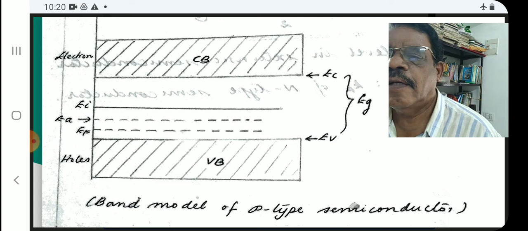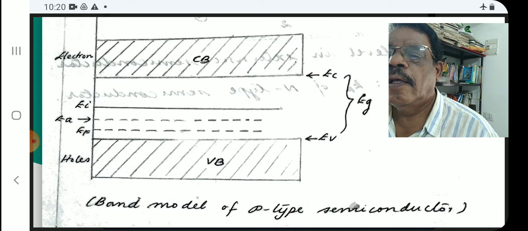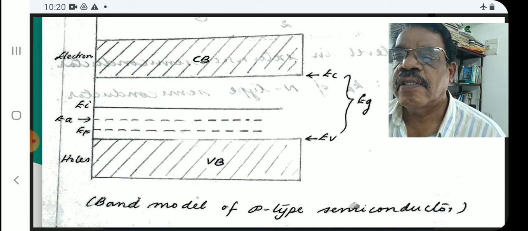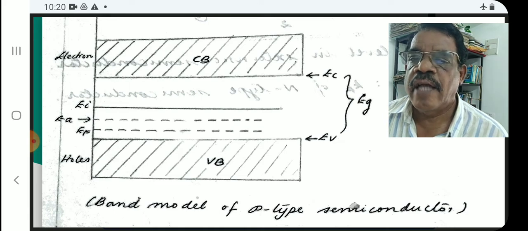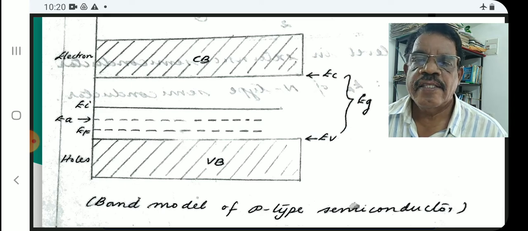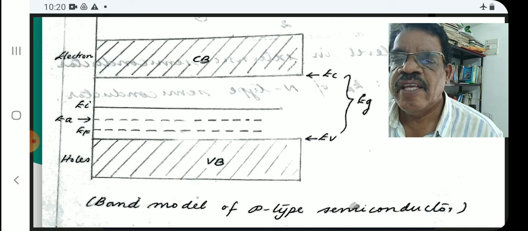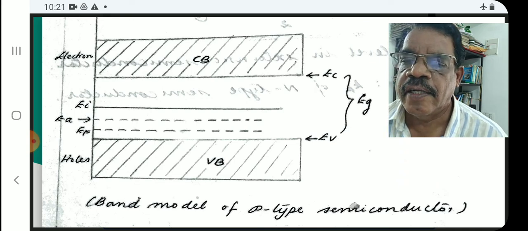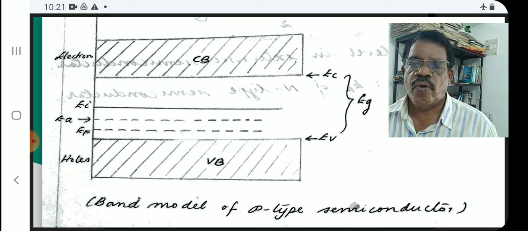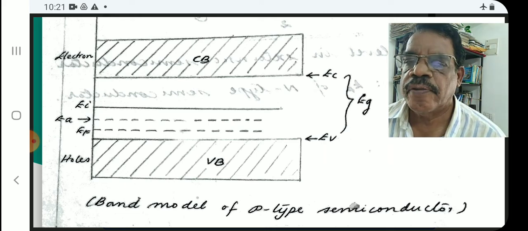And the intrinsic level is marked as EI. Then EA is the acceptor energy level just below, and EF is the Fermi level below that, and this Fermi level, marked with the dotted line, is very close to EV. The diagram title is band model of P-type semiconductor. When you are asked to draw the band model of P-type semiconductor, you have to draw this.